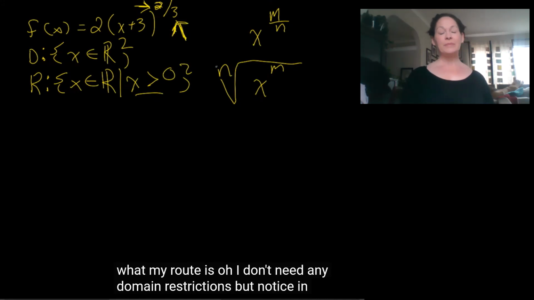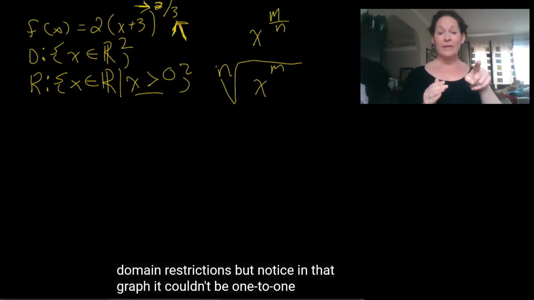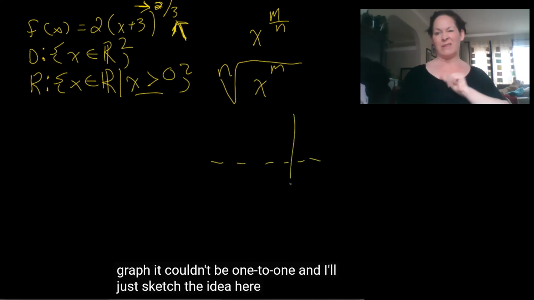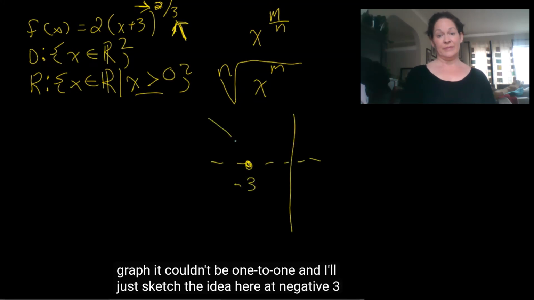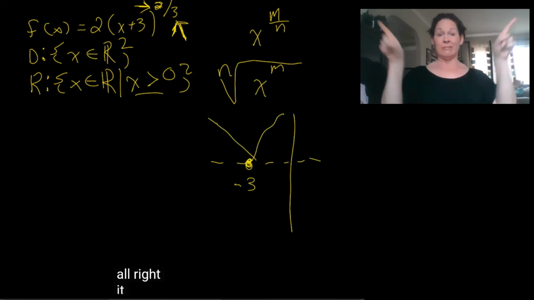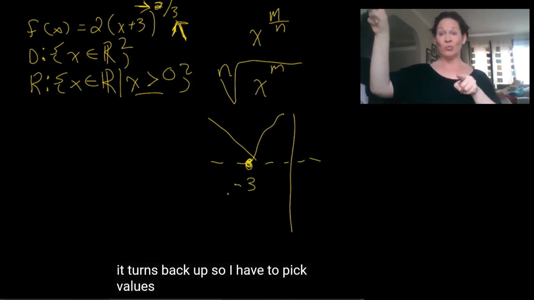But notice, in that graph, it couldn't be one-to-one. I'll just sketch the idea here. At -3, it turns back up. So I have to pick values on this.